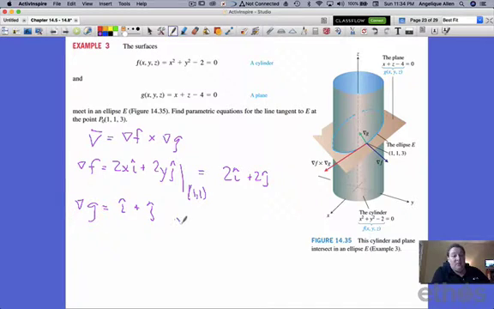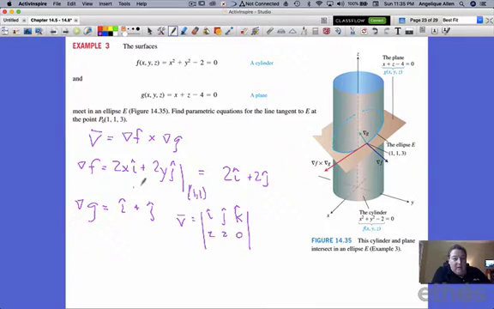And now, in order to find v, we're going to have to cross grad f and grad g. Now, I want you to remember a cross product gives you an orthogonal vector to both vectors. So it can only be done with vectors in 3-space, so you have to put in a 0 here.